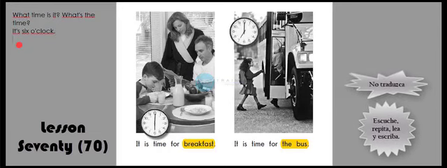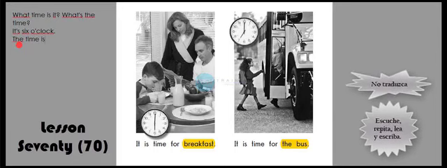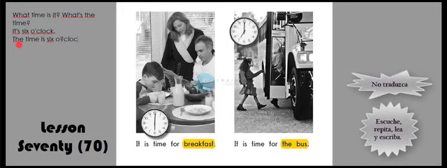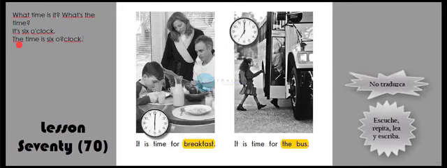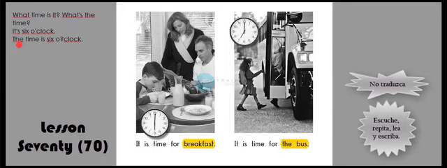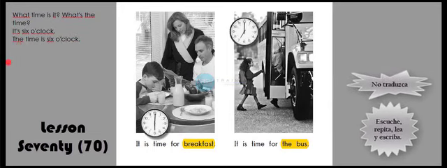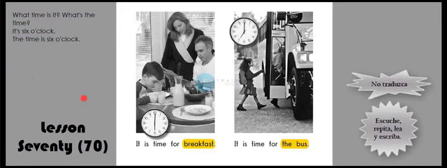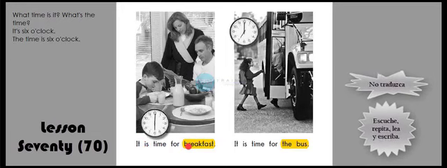Or también se puede decir the time is 6 o'clock. What time is it? It's 6 o'clock. What time is it? The time is 6 o'clock. And it is time for breakfast.